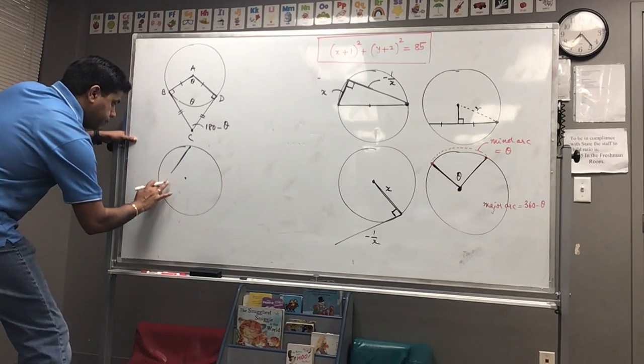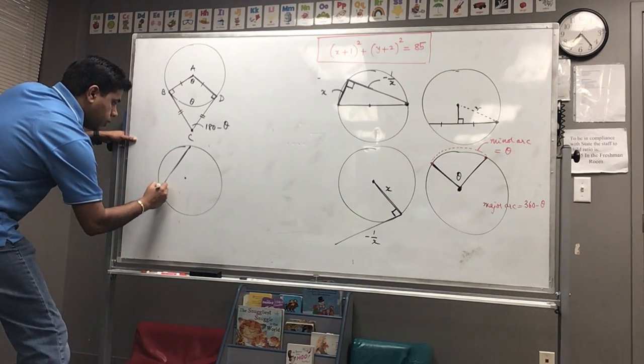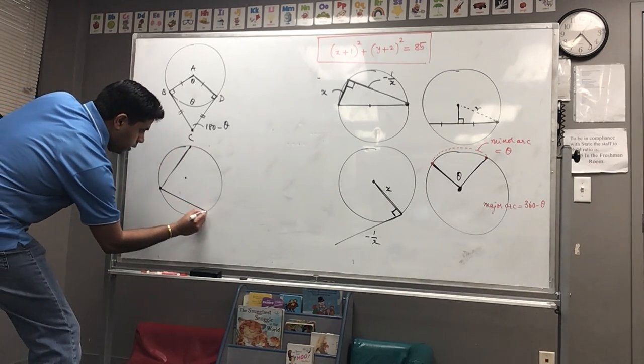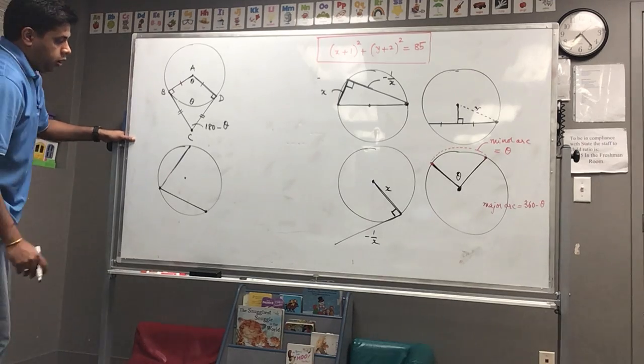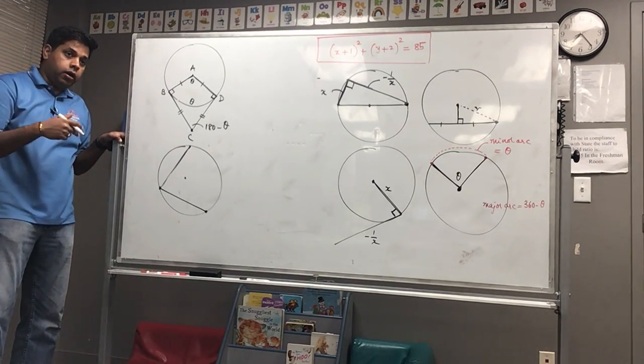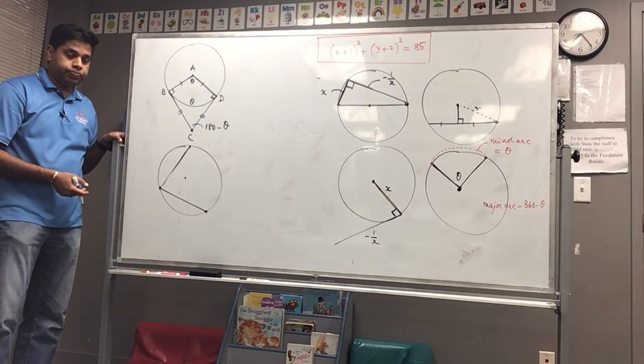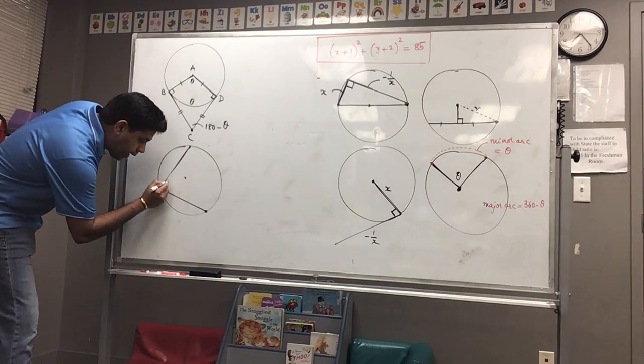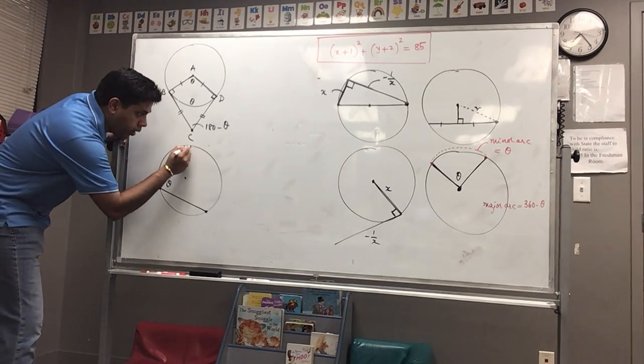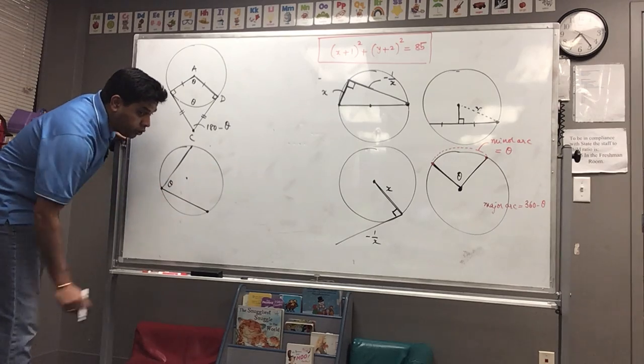What is this line? What is this line? If two chords meet at the circumference, if this angle is theta, this is called an intercepted arc.